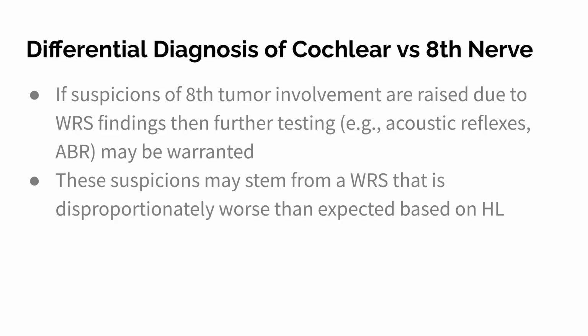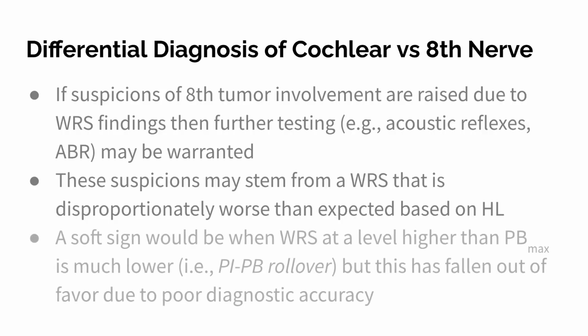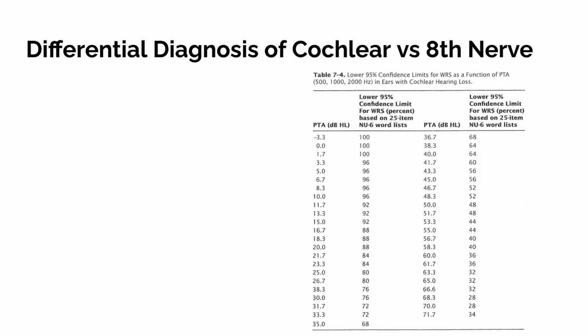So one of those ears is disproportionately worse than expected based on the audiogram. A soft sign would be rollover, where word recognition scores at a higher level start to decrease. But this has kind of fallen out of favor because it has poor diagnostic accuracy.